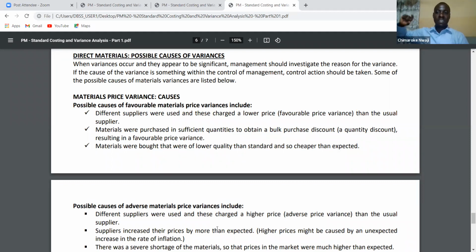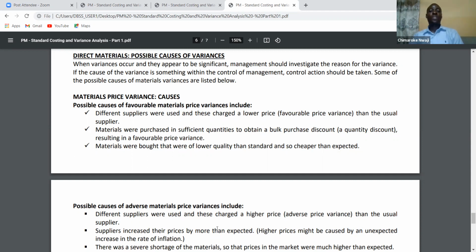It might give you an adverse usage variance because the people who will be using it will be struggling to use it because they are of low quality, leading to wastage and all that. So you see, favorable price variance is not always a good thing. Yes, it could be because you bought them at a lower price, it could be because you bought them at a discount, but it could also mean you bought substandard.